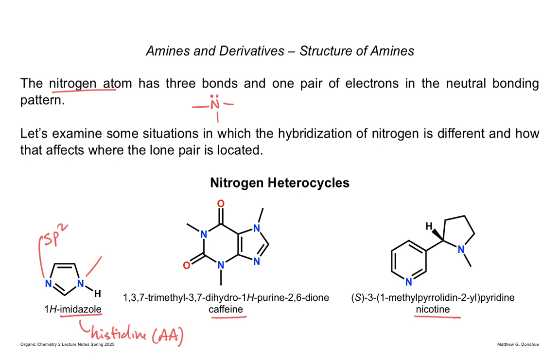So sp2. And we can tell that by looking at number of sigma bonds, number of pi bonds. And then what about the nitrogen on the right? So it looks sp3, but it's sp2.